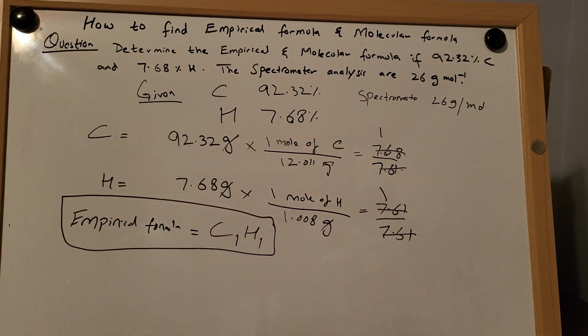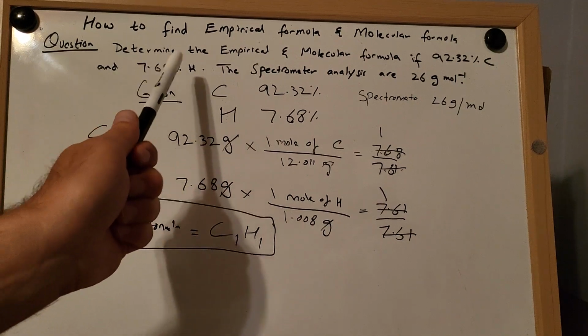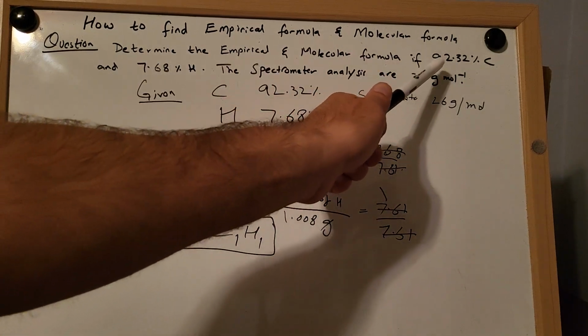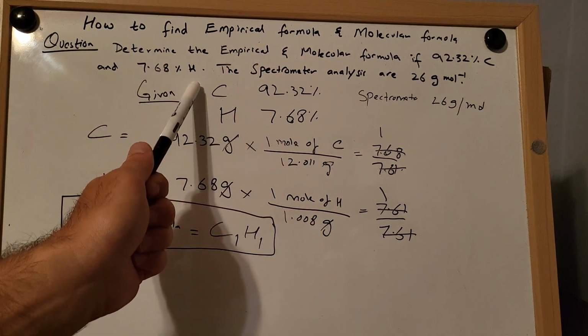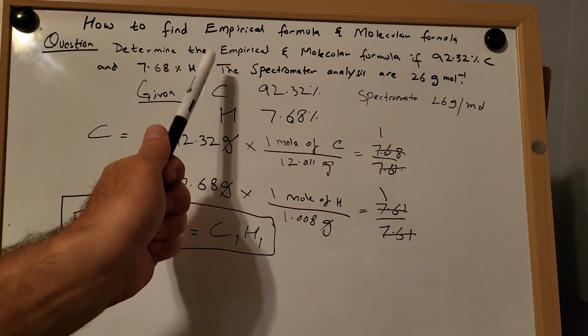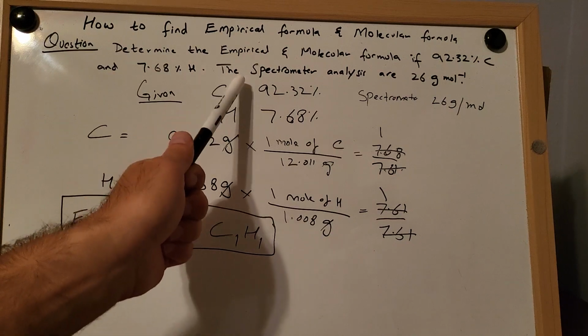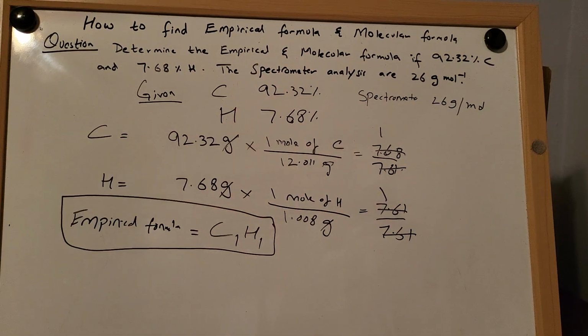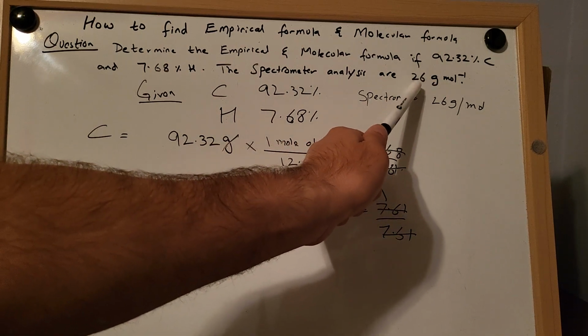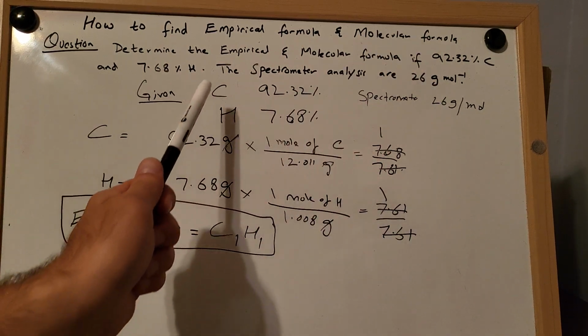I will do a recap again. The question was, determine the empirical and molecular formula if 92.32% carbon and 7.68% hydrogen. You have to stop right there. If there's oxygen, you will count oxygen too, but not this thing. For the empirical formula, you do not need this. You need this only for the molecular formula. So we have carbon and hydrogen.